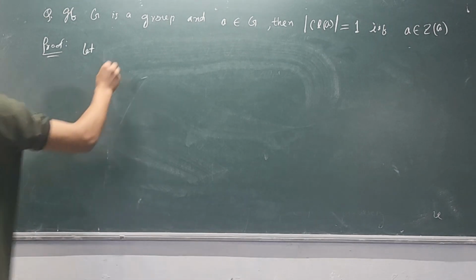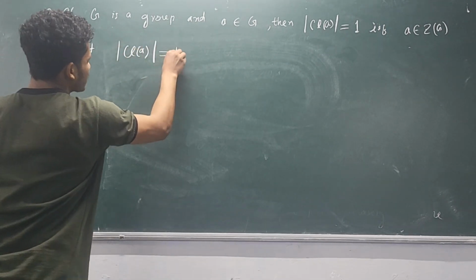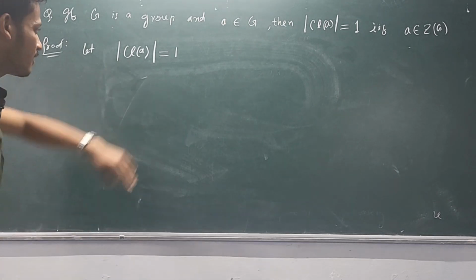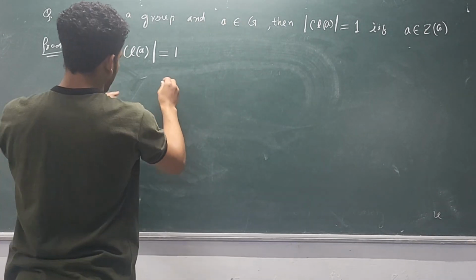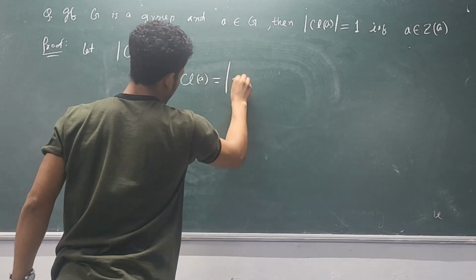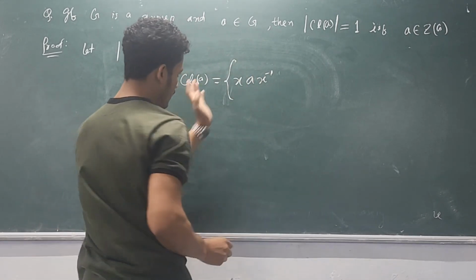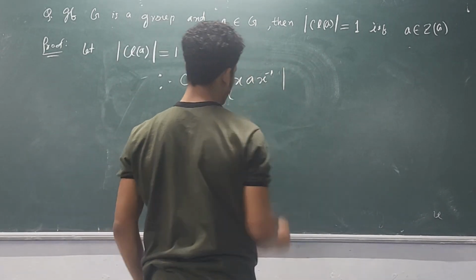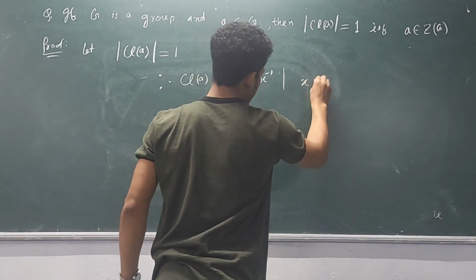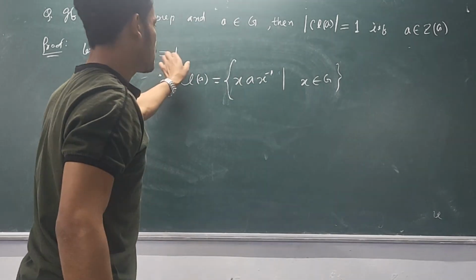Let the order of Cl(A) be equal to 1. That means, since Cl(A) is defined as the collection of all XAX inverse such that X belongs to G, and the order of Cl(A) is equal to 1.